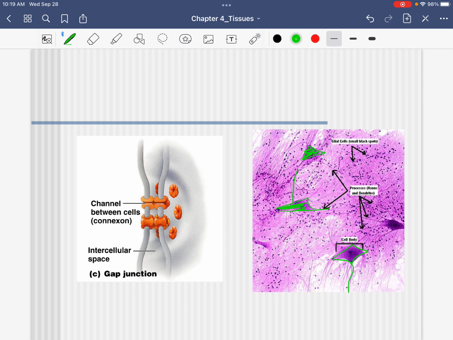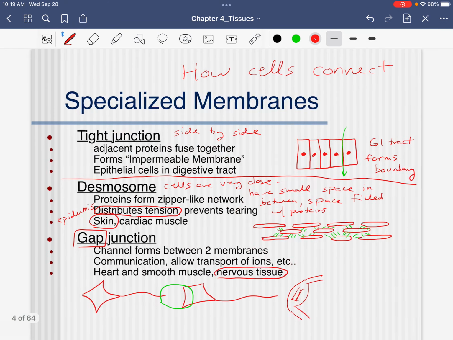Here's nerve cell number 2. The gap would be here. Of course, you can't really see it necessarily, but if you were able to see with a high power microscope, there'd be a gap between the end of one and the other. The function here is all about communication.